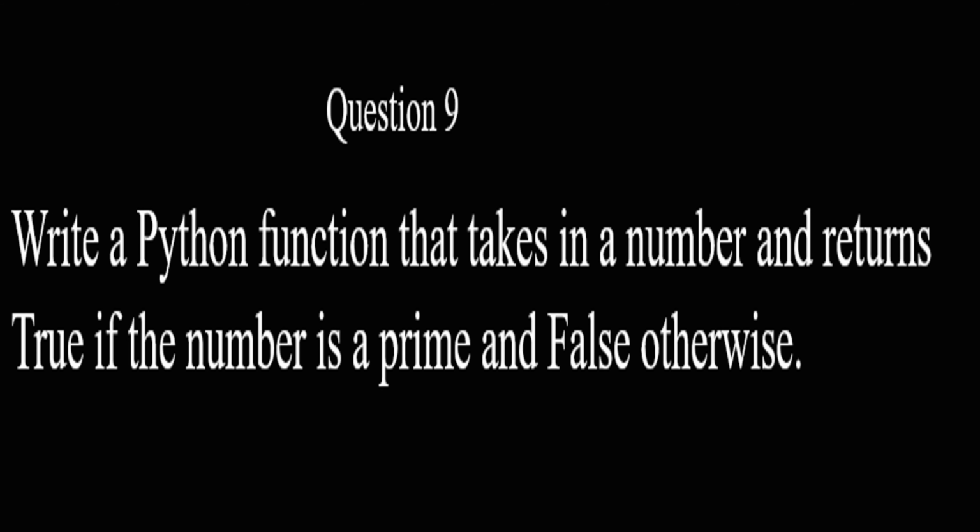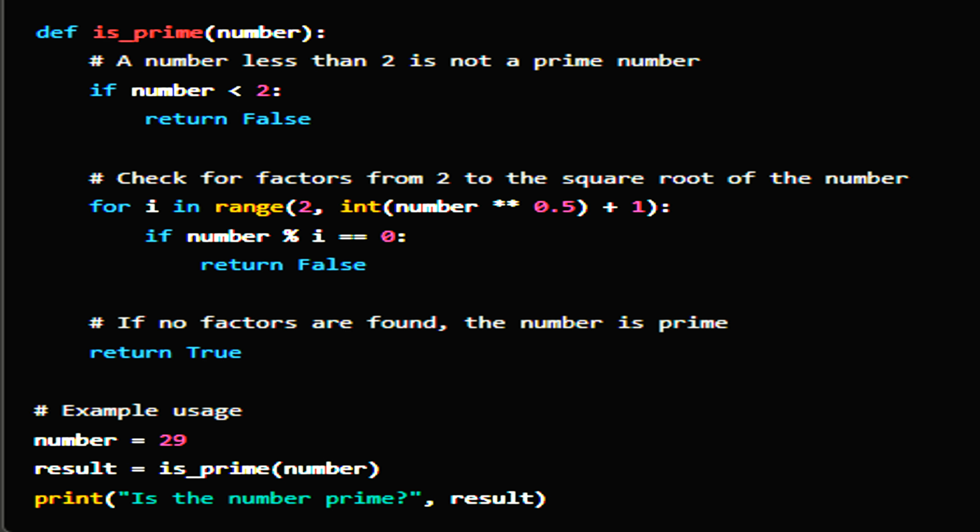Question 9. Write a Python function that takes in a number and returns true if the number is a prime and false otherwise. A prime number is a number greater than 1 that has no divisors other than 1 and itself. The function first checks if the number is less than 2, returning false if it is.